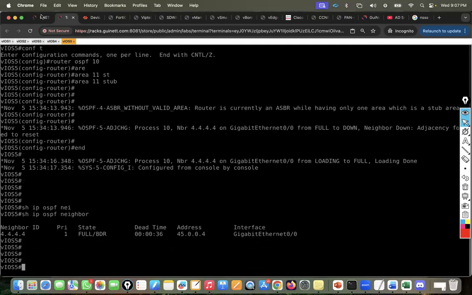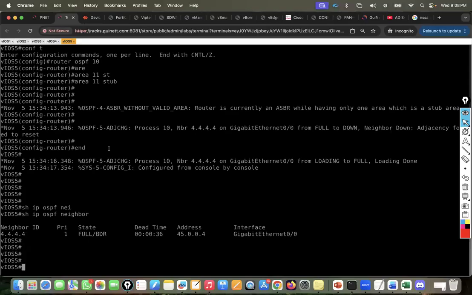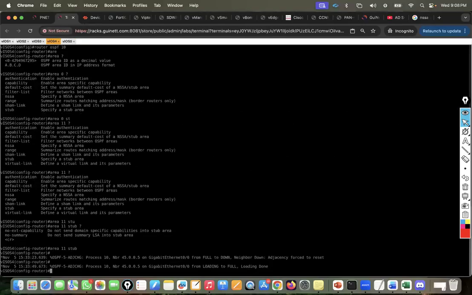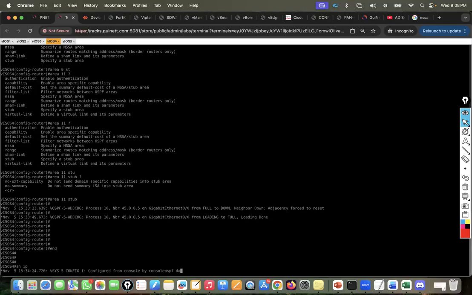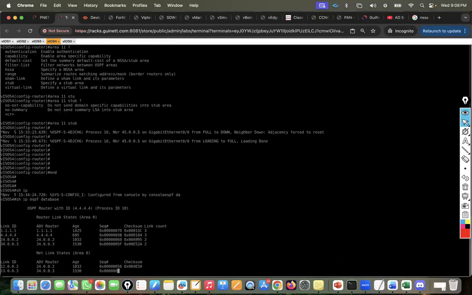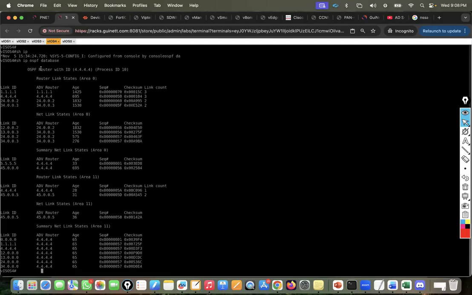Clear? So now let's go to R4, and just focus on the area 11 routing table. In R4, I'll run show ip ospf database. Don't focus on area 0, just focus on area 11.